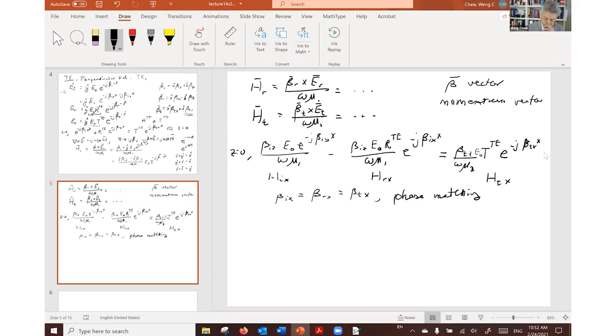Okay, so we have this condition, and from that actually you can learn a lot of things. You can get Snell's law out of this thing. We'll discuss a bit about that later on, because I will talk about Snell's law later.